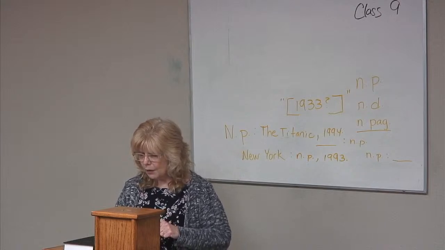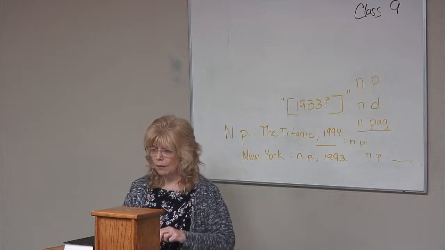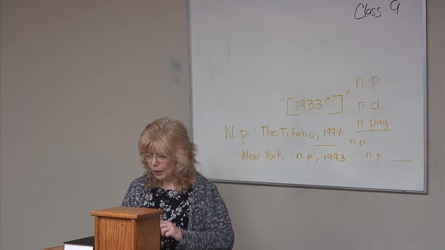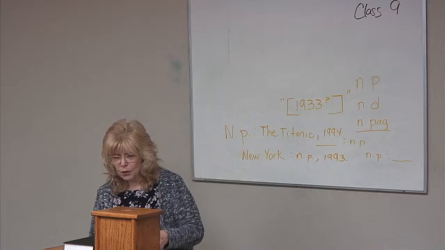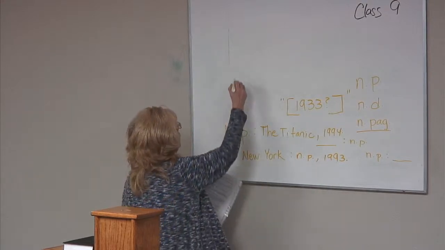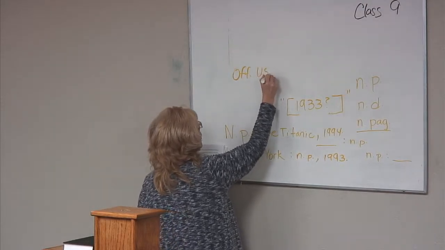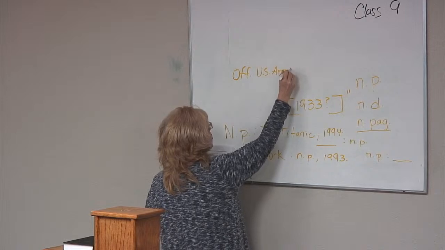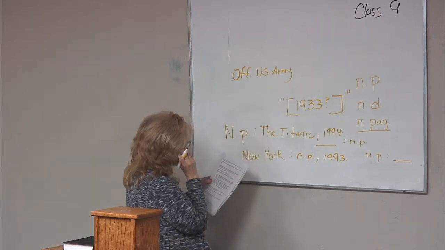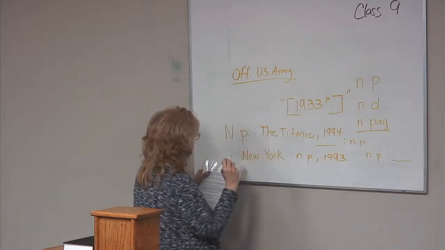So you have to add the pertinent dissertation information before the publication facts. So for example, if we wrote Officers in the United States Army, okay, let's just abbreviate it a little bit, that's going to be underlined.